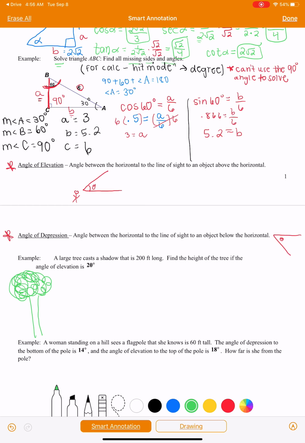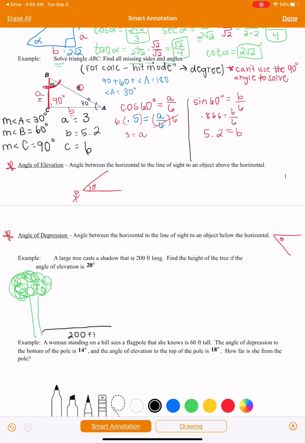It casts a shadow that is 200 feet long. So if I'm thinking about what a shadow would look like from this tree, okay, this is the shadow and it's 200 feet long. So now we're going to find the height of the tree if the angle of elevation is 20 degrees.